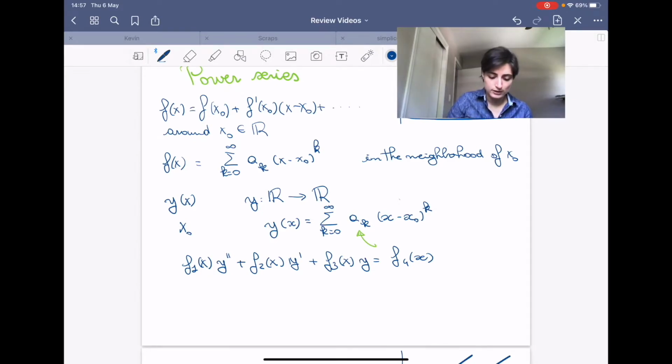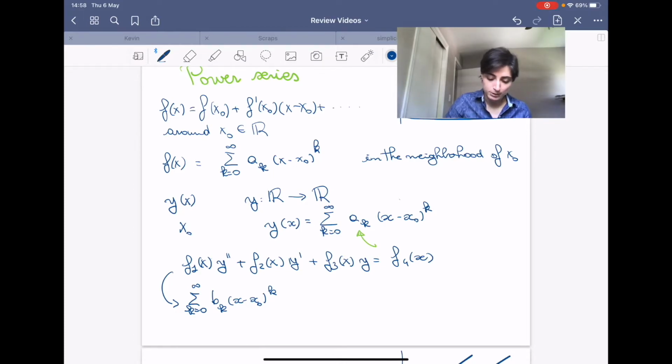So we change this into writing f1 as a power series. So there would be a sum from k equal to 0 to infinity of some coefficients multiplied by (x minus x0) to the power k. I'm going to call them b_k, since we are using a for y. So this is b_k (x minus x0) to the power k, and y second is itself a power series.